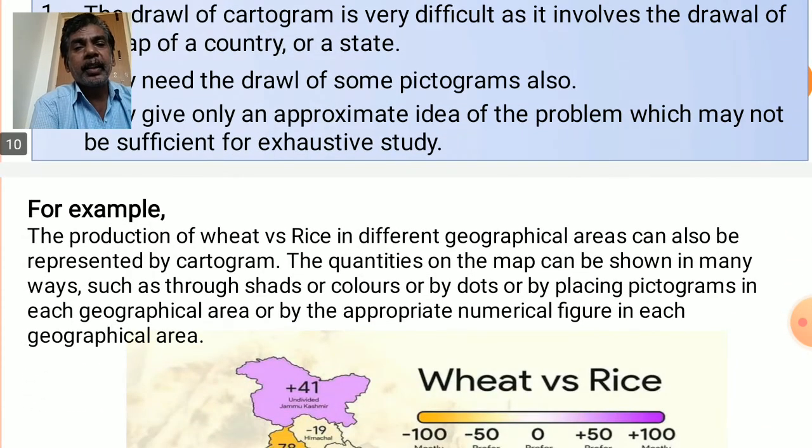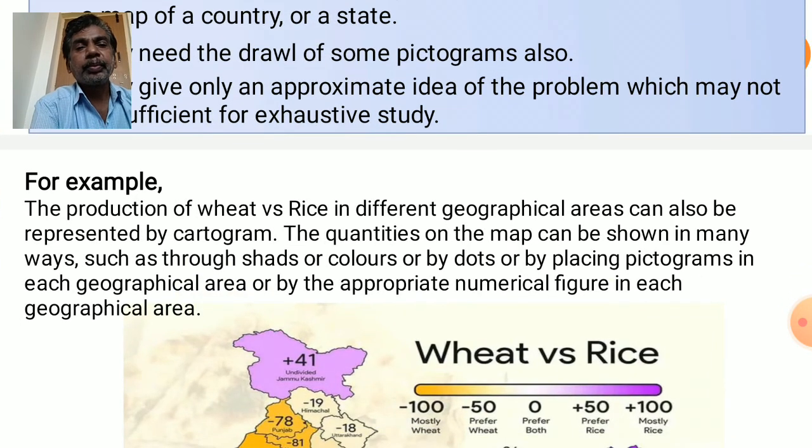So here, for example, the production of wheat versus rice in different geographical areas can also be represented by a cartogram. The quantities on the map can be shown in many ways, such as through shades or colors, or by dots, or by placing pictograms in each geographical area, or by an appropriate numerical figure in each geographical area.